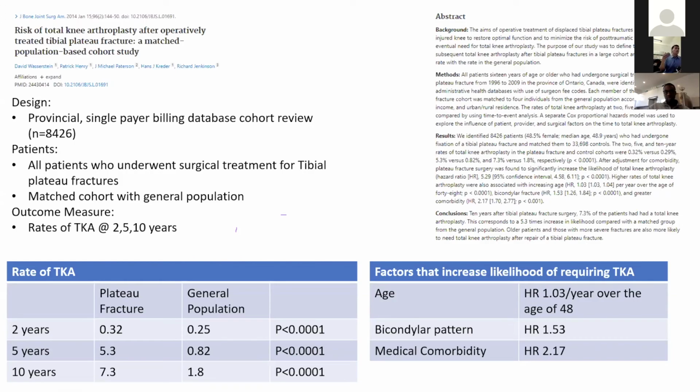So we took all those people, we followed them for 10 years, and we determined who got a total knee replacement. And that's where this 7.3% comes from. That's at 10 years, the plateau fracture cohort, 7.3% had total knees put in versus 1.8 in the general population. So yes, that's not a crazy number, 7.3, but it's significantly higher than your general population. The modifiers that made it higher risk were age, bicondylar pattern, and medical comorbidities.